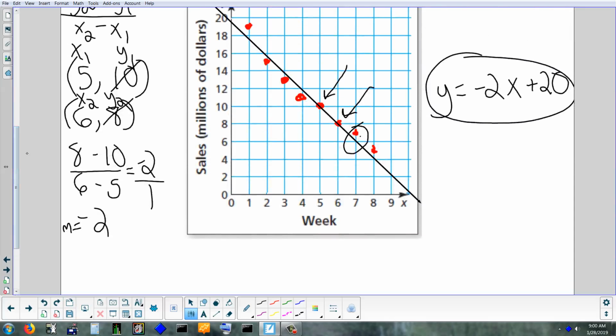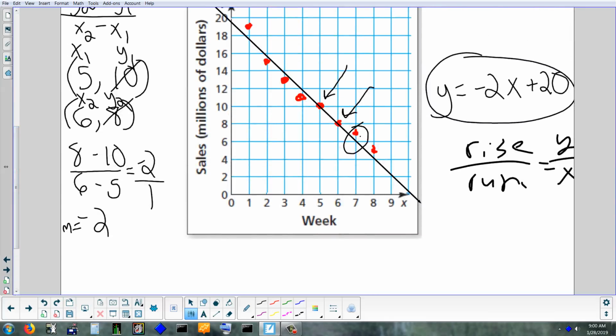Let's just see what's happening. For every week, think of it like this, rise over run. Which letter is the rise? The x or the y? The y. And the run? X's.